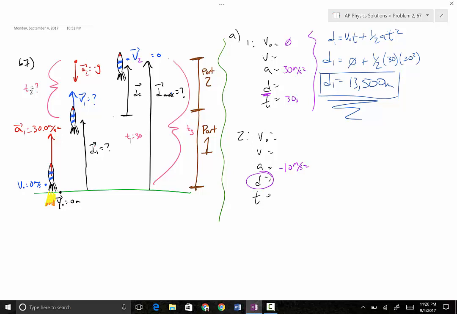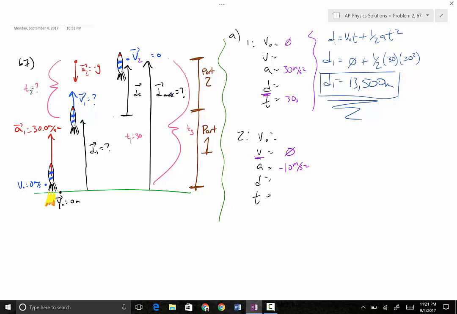I'm trying to find the displacement. I don't know how long it happened for, but I know that the final velocity at the peak of the rocket's path is going to be 0, because it stops at rest for a brief moment before it starts to travel downward.